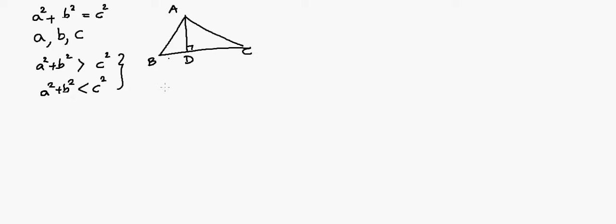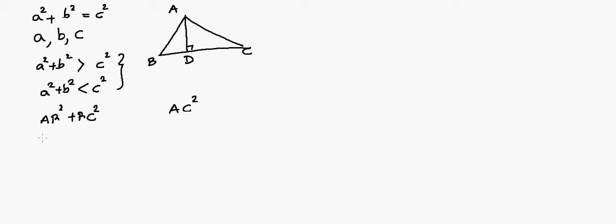Now if we assume that AC is the longest side, then what we are trying to find out is AB square plus BC square. We are trying to compare it with AC square. Since no side lengths are given, this is a kind of generalization that we can do.